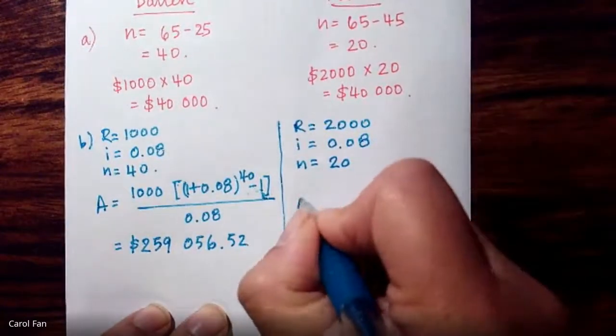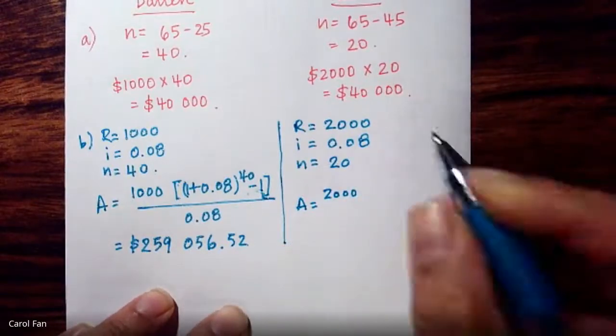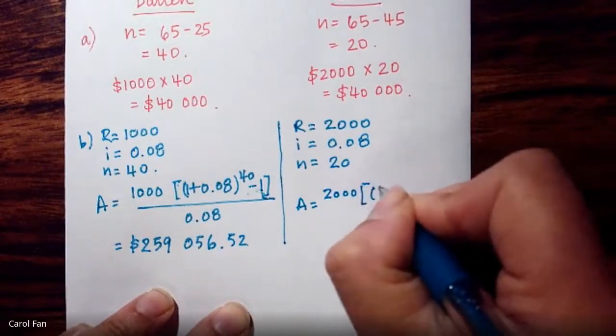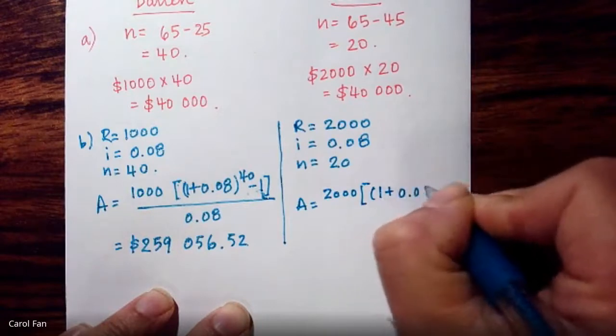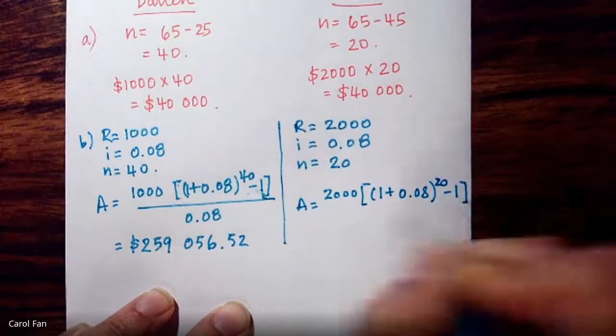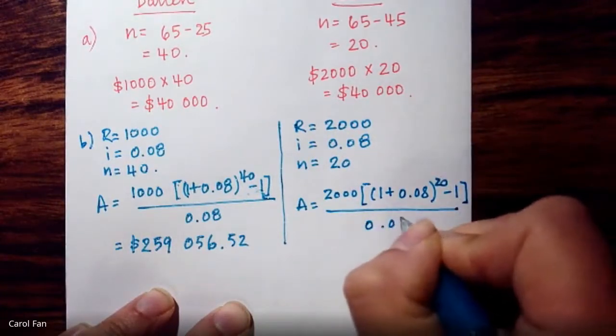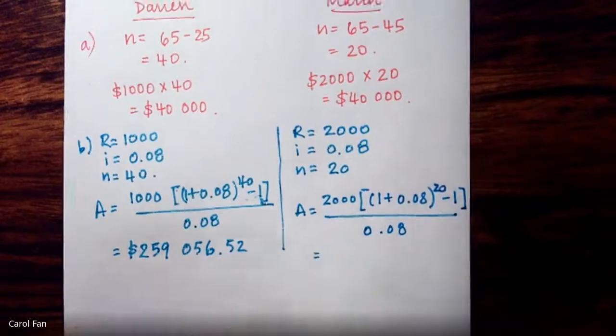So let's fill out our equation. We have 2,000 times (1 plus 0.08) to the exponent 20, minus 1, divided by 0.08.